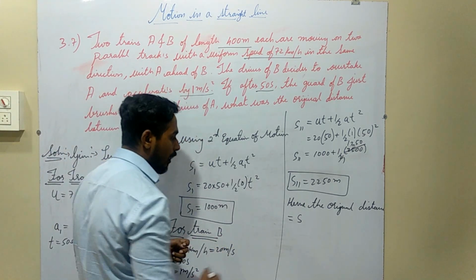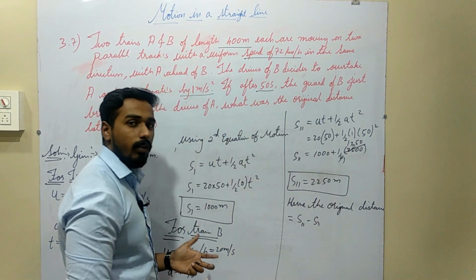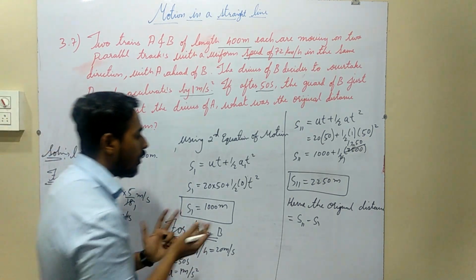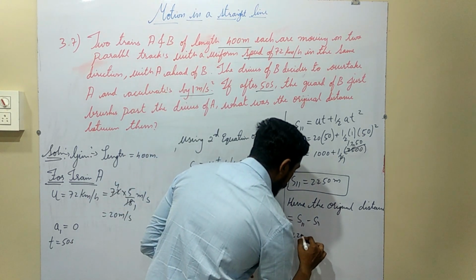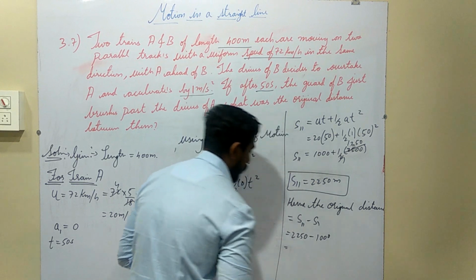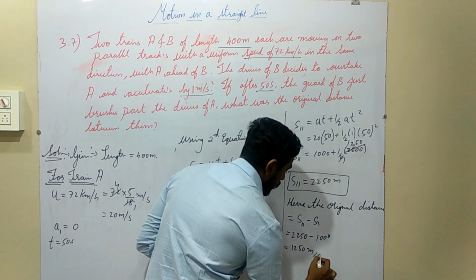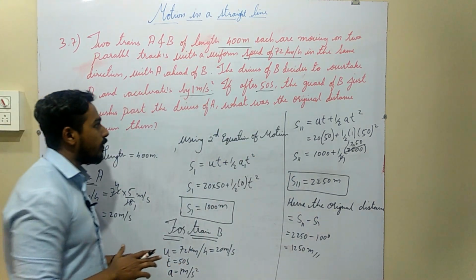You can subtract S2 minus S1, only we have to find the difference. For the difference we get 2250 minus 1000, which is 1250 meters. This is your final answer. Okay, moving to the next question.